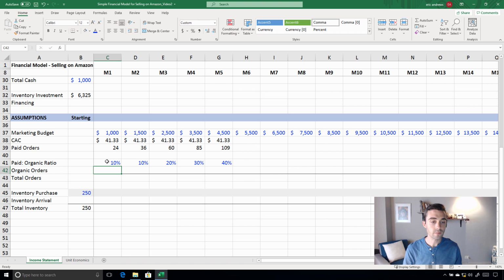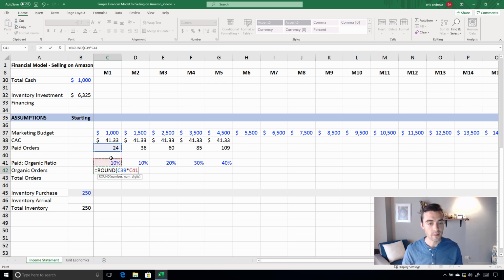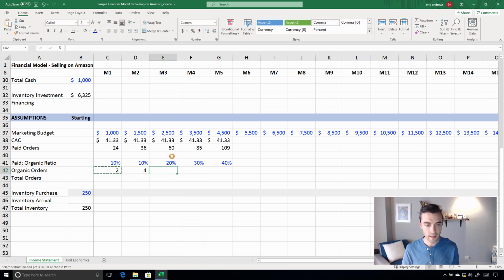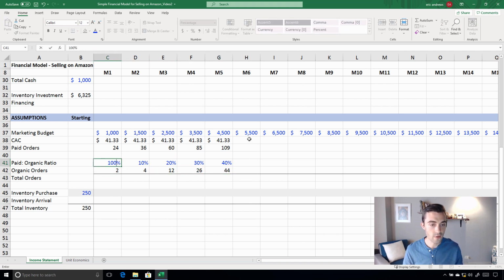In this situation, again, I'm going to do round because I want a whole number. I'm saying we get 24 paid orders times 10%, get the whole number. So we get 2 organic orders. And so this basically shows us the ratio of paid to organic. If I put this number at 100, it would mean if we get 24 paid orders, we get 24 organic orders.